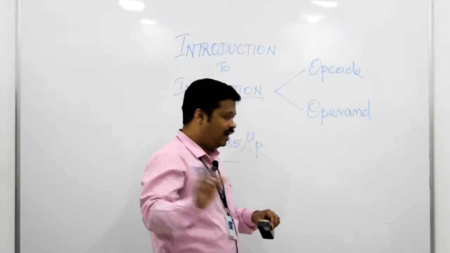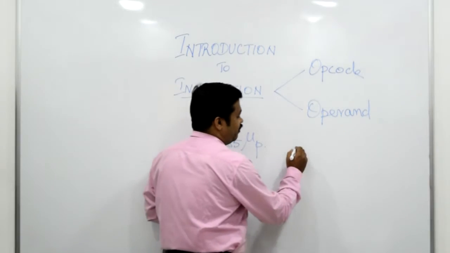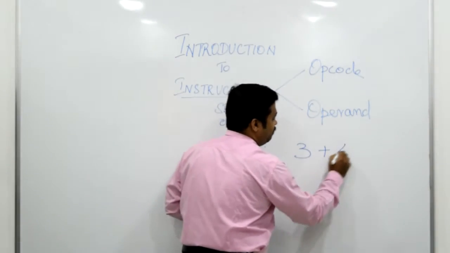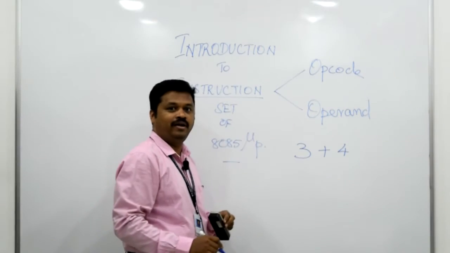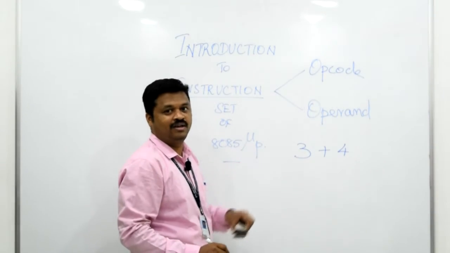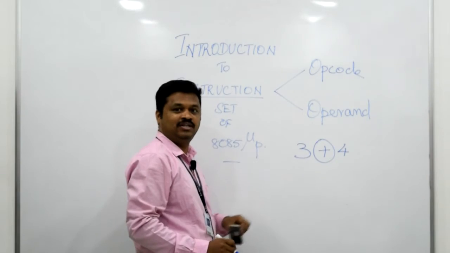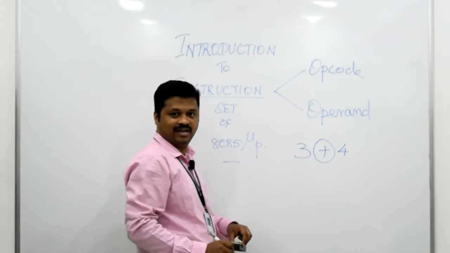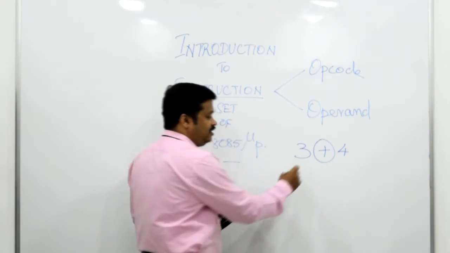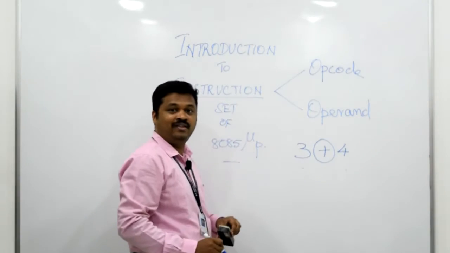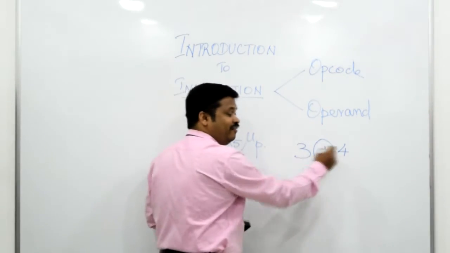Sounds weird, so I'll explain. For example, let us add 3 plus 4. This is your task. The task is to add. So addition is the task. What are you adding? 3 and 4. So the data that is operated on is 3 and 4.